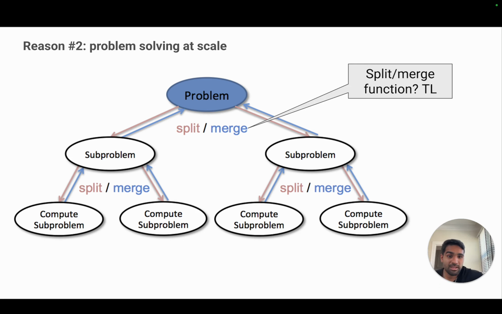And this split merge function, that's what essentially a TL does for a group of smaller engineers. And so you can imagine that, to your senior leadership, you can be their point of contact. They don't have to directly work with multiple engineers. And this is kind of obvious, but also not at the same time. But this is one other reason why we need TLs.